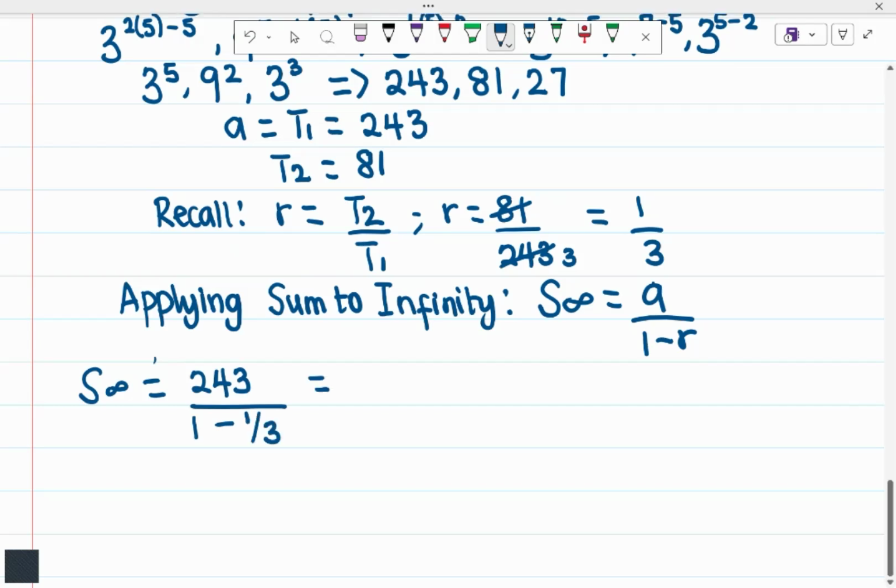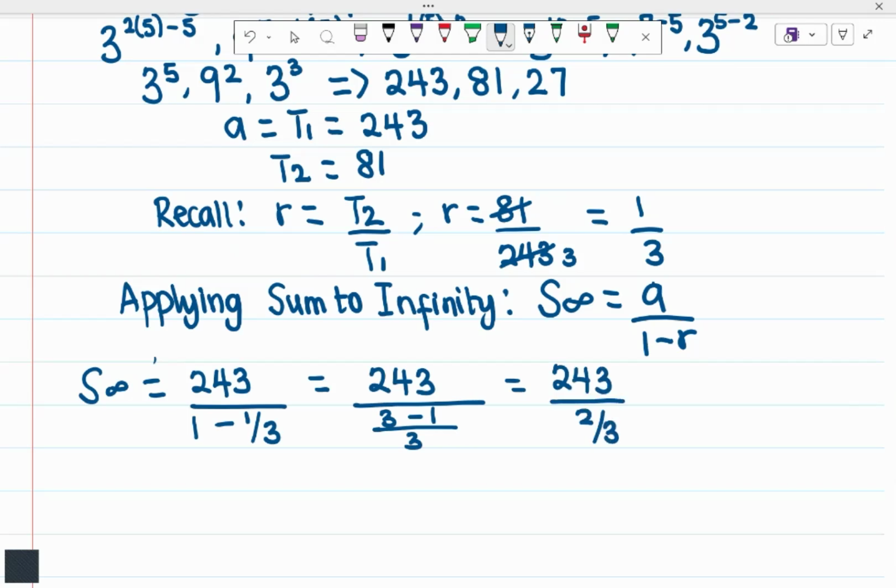I have this become 243, everything divided by, this is 3, that's 3 minus 1, that's 243 over 2 over 3. So I have this become 243 divided by 2 over 3, and my sum to infinity is equal to 243 multiplied by 3 over 2.